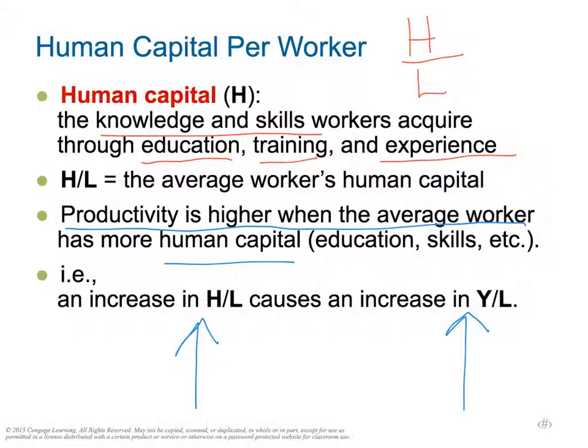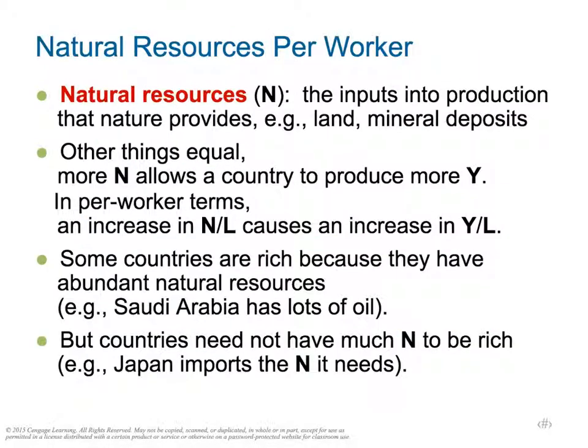If you make an investment in training, if your training dollars go up, or if your Pell Grants go up for an economy, then your GDP is going to increase as well. So that's why we see the government doing some of the things that it does in terms of expenditures, because it really wants to increase output or productivity, and thereby increase growth.